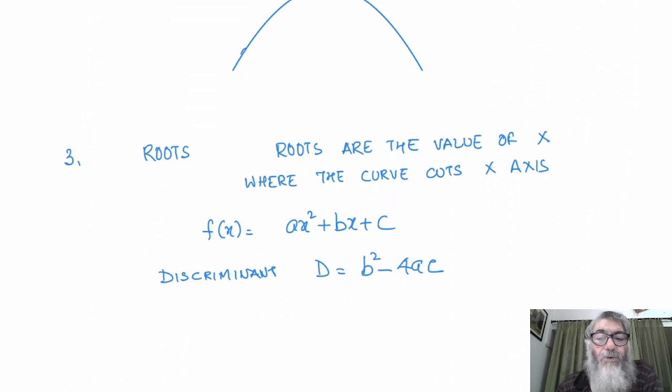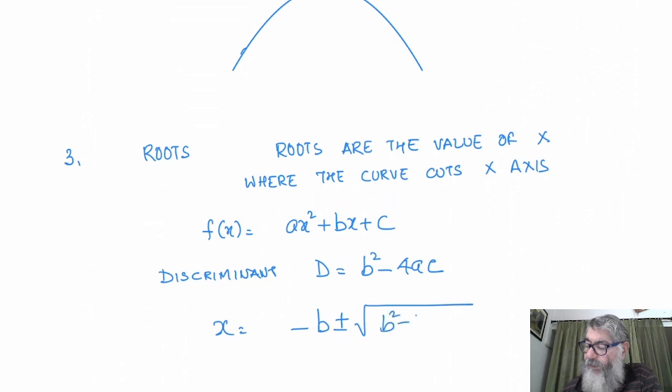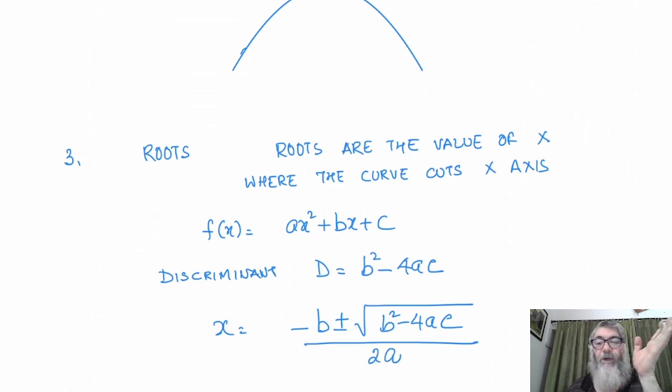So the nature of roots will depend upon b square minus 4ac. If you remember, the roots of the quadratic equations were given by the formula x is equal to minus b plus minus under root b square minus 4ac upon 2a, where b square minus 4ac is called the discriminant.